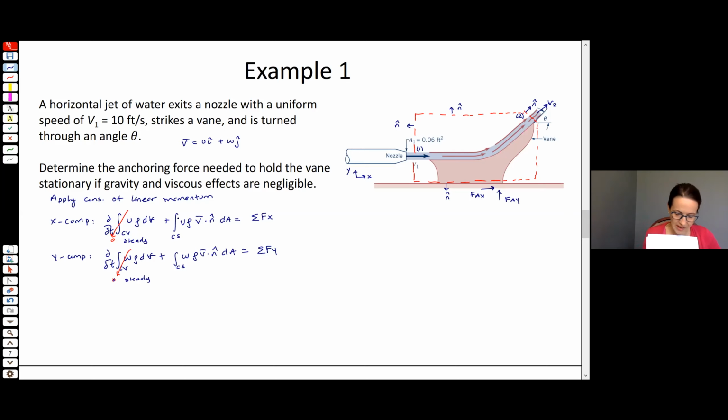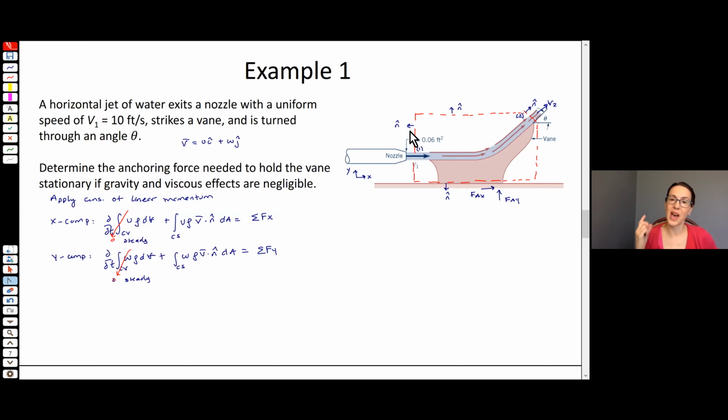So now we've just got these terms, and let's remind ourselves physically what they represent. The right-hand sides are easy to understand. It's the sum of the forces, right? We talked about how when you draw your control volume, you're drawing a free body diagram. Well, sometimes we would have pressure forces acting on the control surface, but here everything's open to the atmosphere.